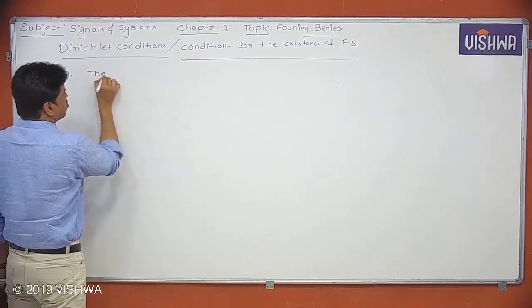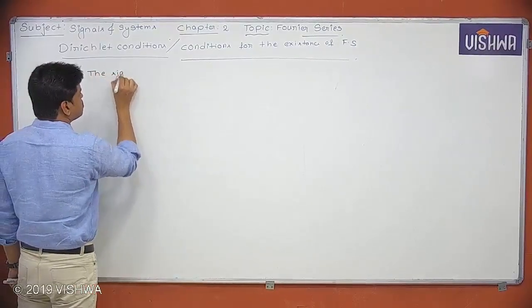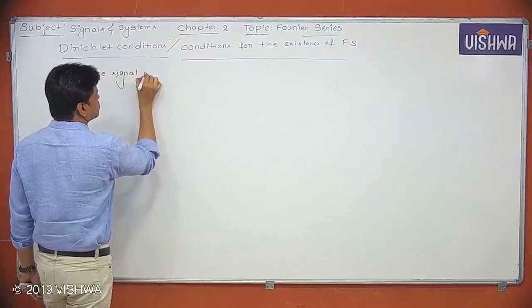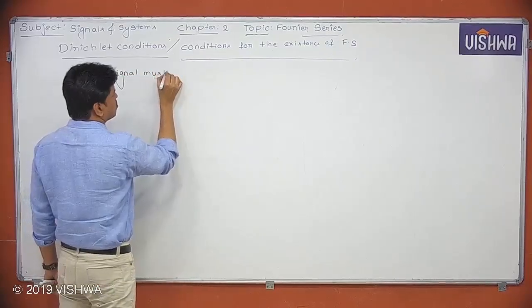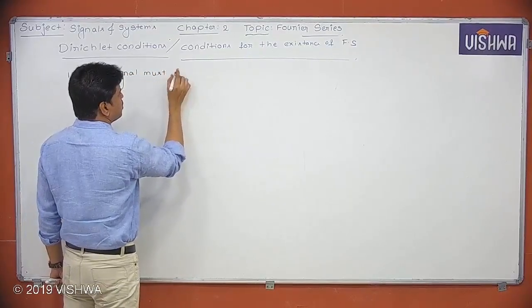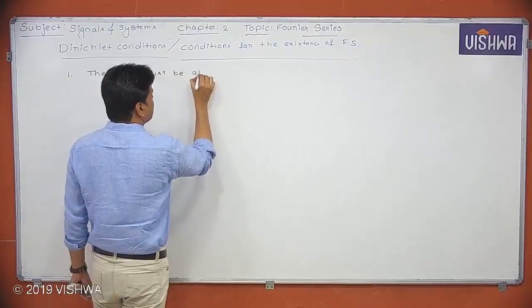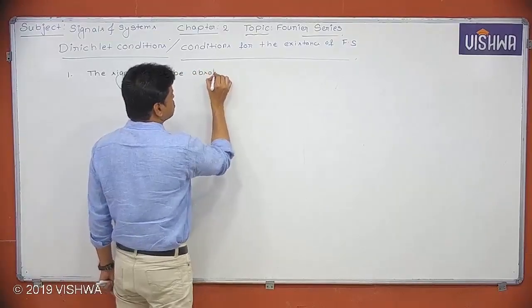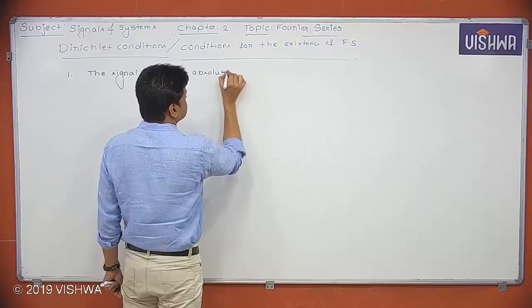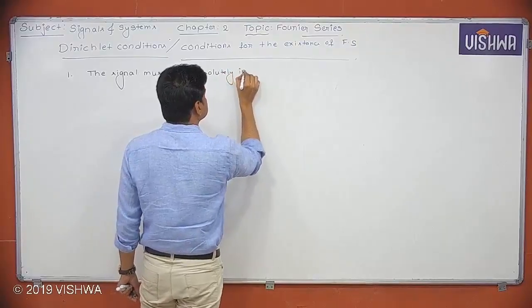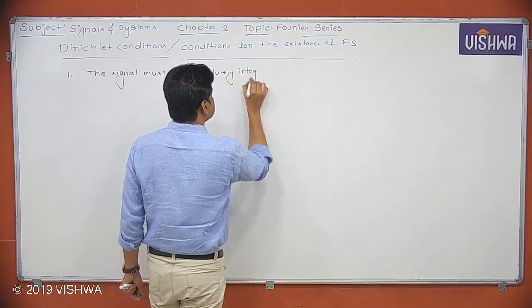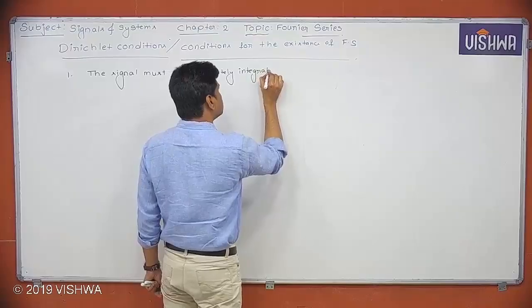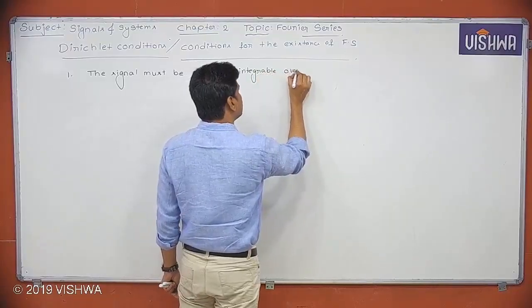Let's see the first Dirichlet condition. The signal must be absolutely integrable over one period.